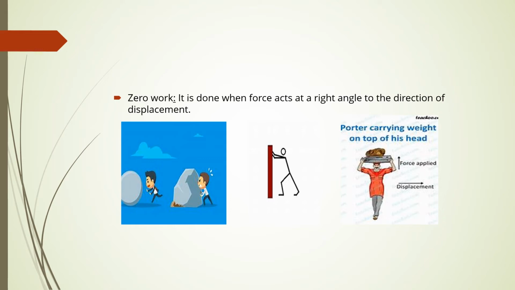You can see in both these contexts there is no movement. He is trying to push the wall, but the wall is not moving, isn't it? In this picture the person is trying to move the ball, but it is not moving. Here also the same thing, this boy is trying to push this stone, but he is not able to push it.